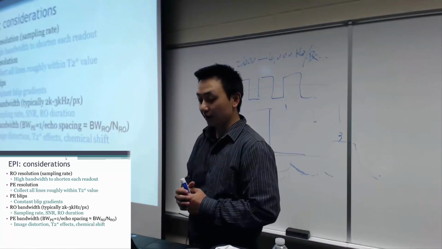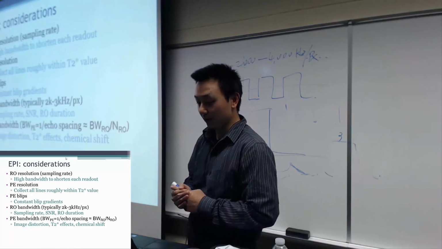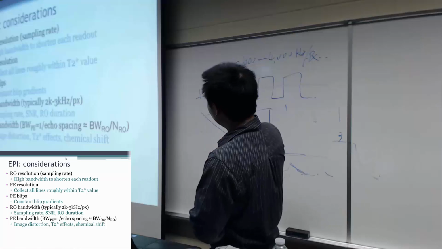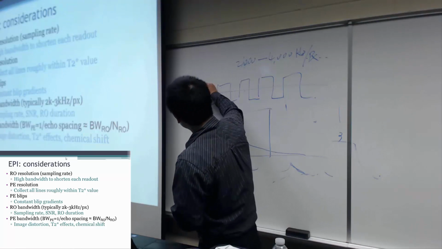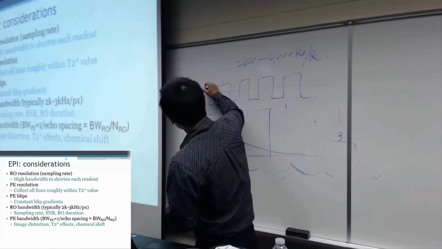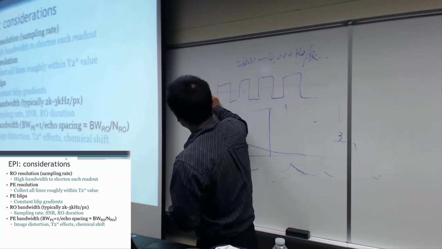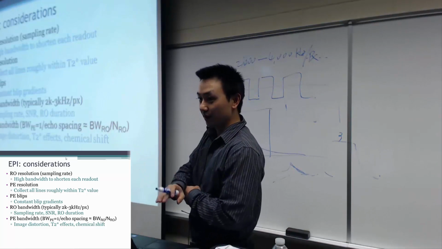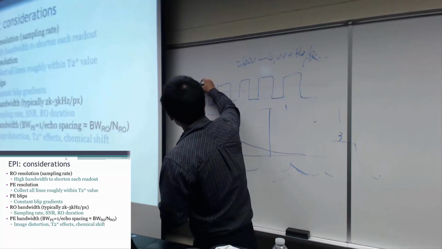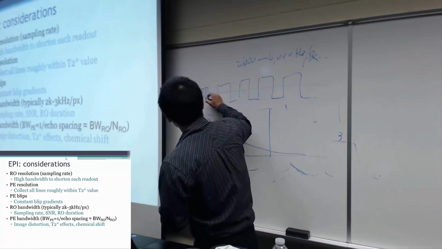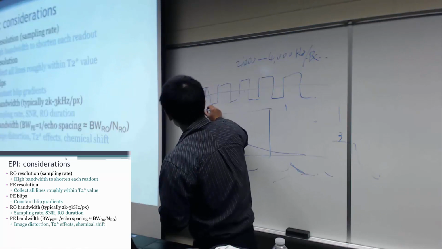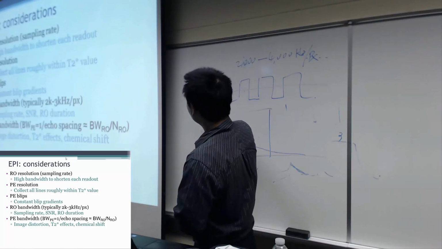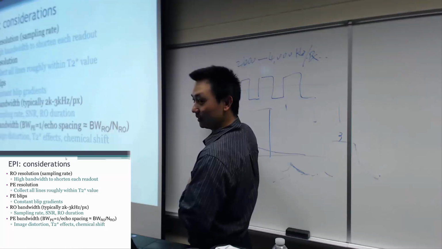Another thing we need to talk about is the phase encoding bandwidth. When we are talking about the readout bandwidth, we are talking about the bandwidth that determines the sampling rate between two readout points. When we are talking about the phase encoding bandwidth, we are talking about the bandwidth between two neighboring phase encoding points, which are collected by a different readout, right?